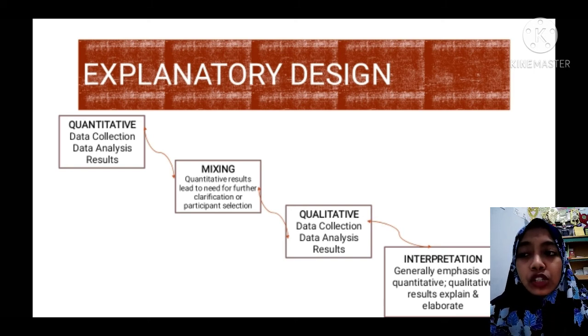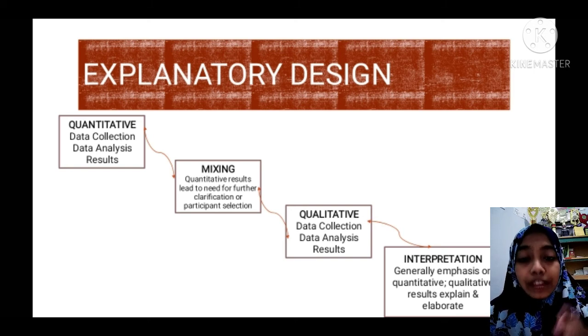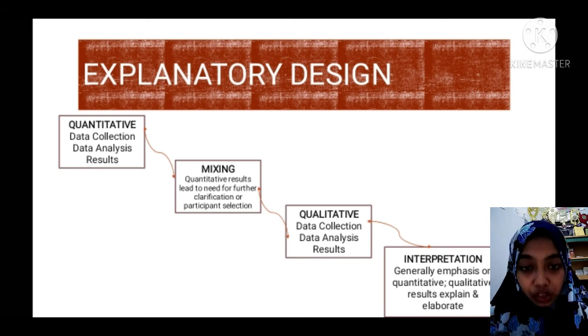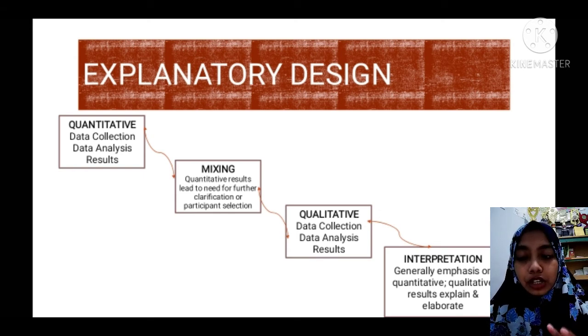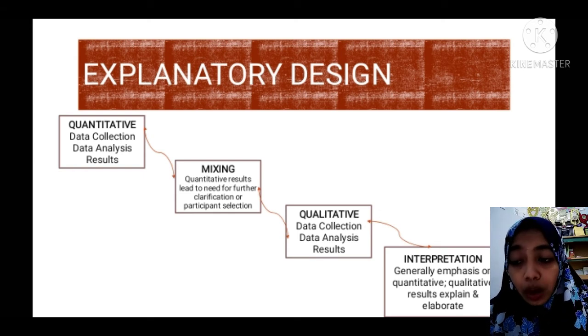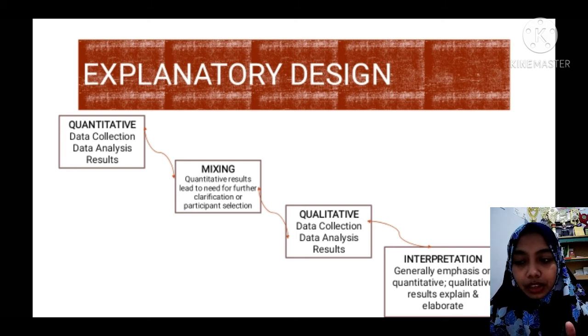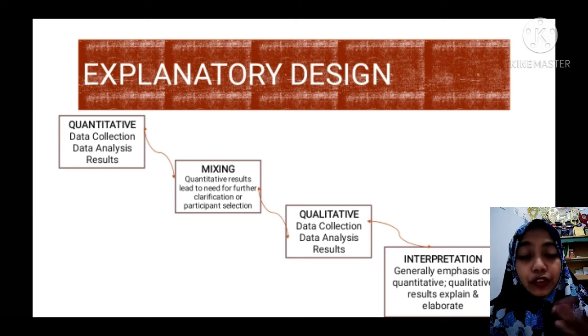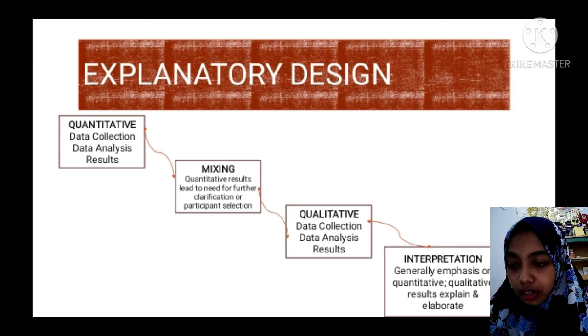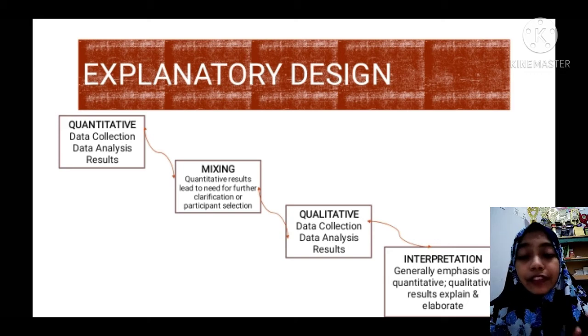So in explanatory design, quantitative data will be analyzed first, and the second step is qualitative data. The advantage of explanatory design is that its two separate phases make it straightforward and reasonably easy to implement for novice researchers.